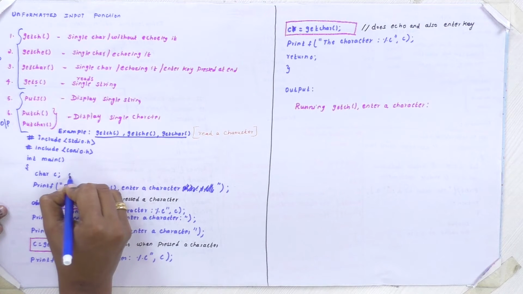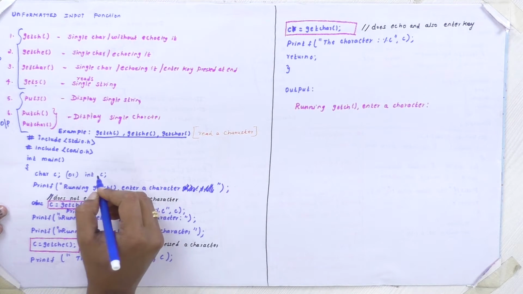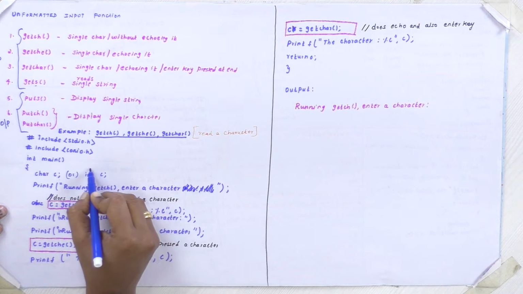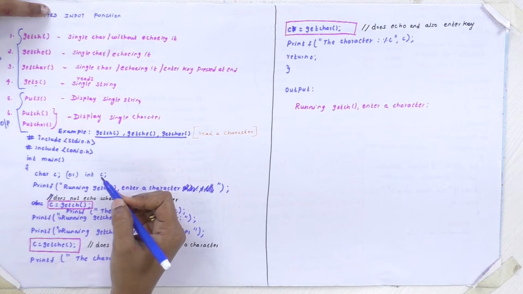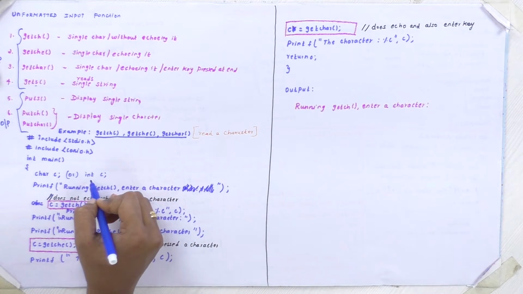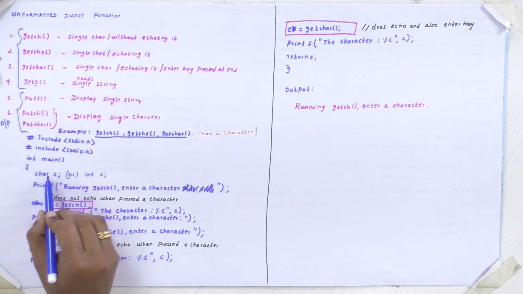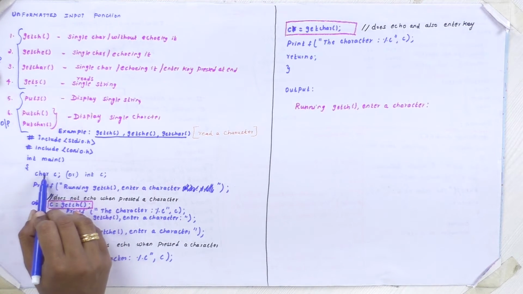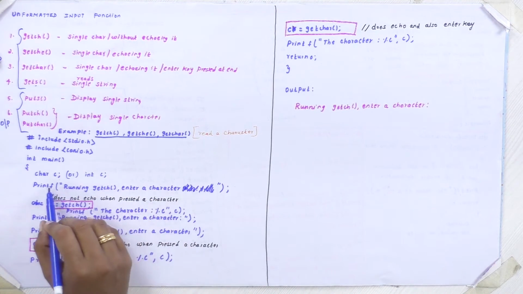You can also declare int c, because it does not need a format specifier as it is unformatted input and output. It does not care what data type you are giving, so you can use char c or int c, anything.